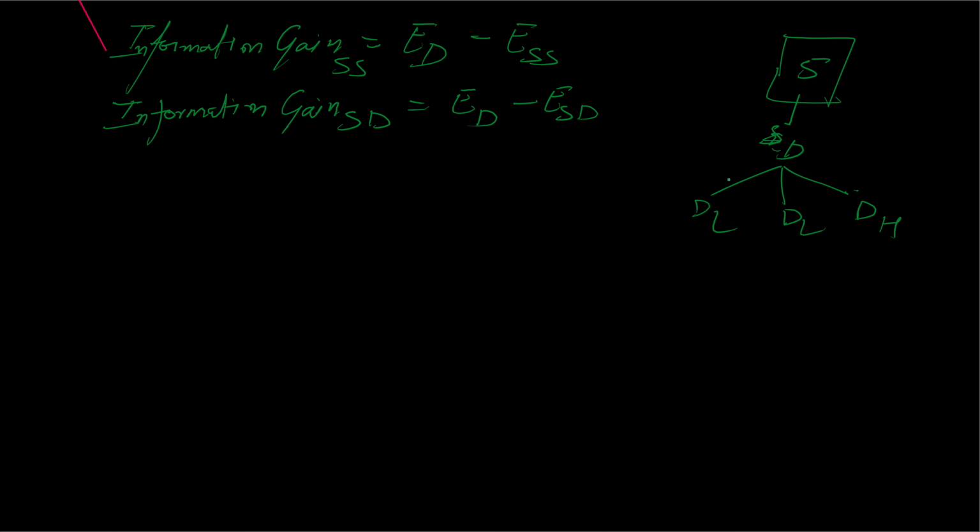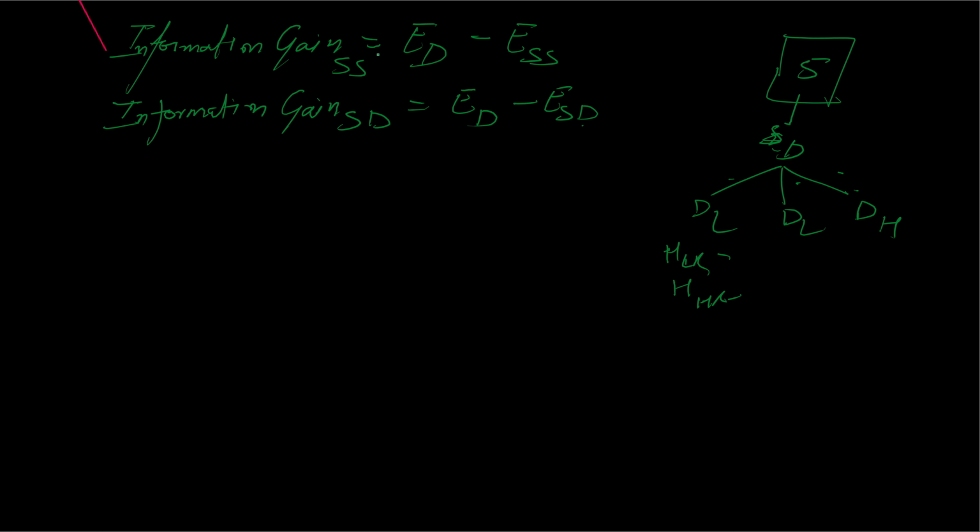We'll see how many data points are coming in each of these splits, and we'll see the y variables, what is the count of the y variables, heart condition low risk and high risk, and do the count over here. The same formula will apply, and then we'll do a weighted average across the weights, which is the proportion of data points going over there. That will give us EST.